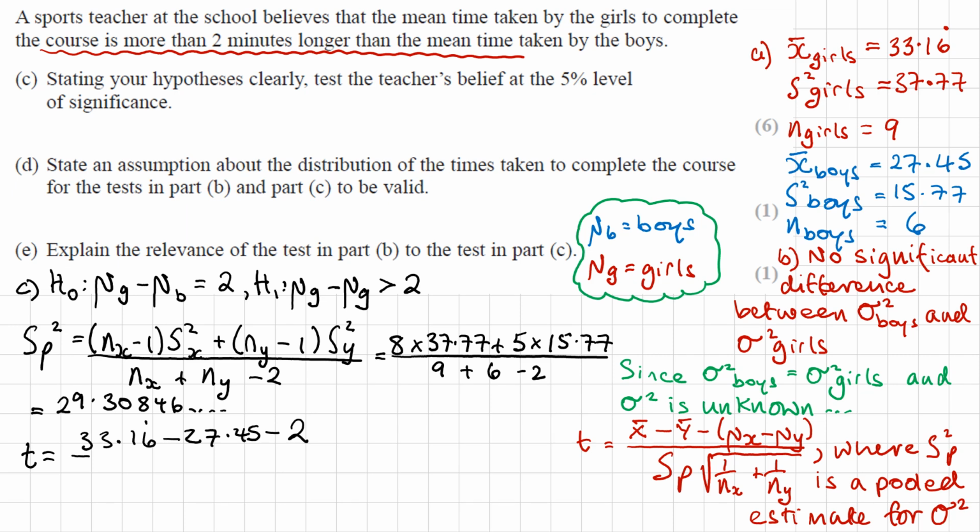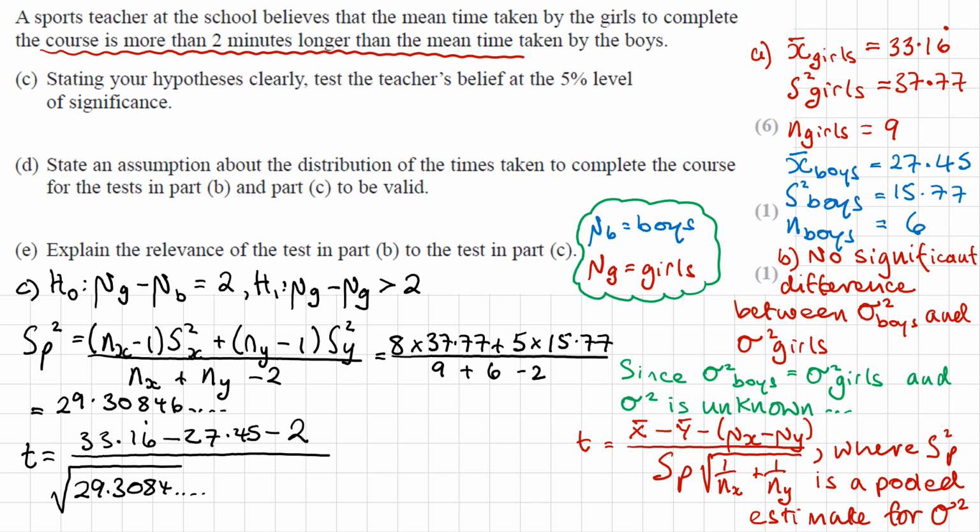Now we get to the bottom. So here we've got our pooled standard deviation, which is going to be the square root of this 29.30846 number.